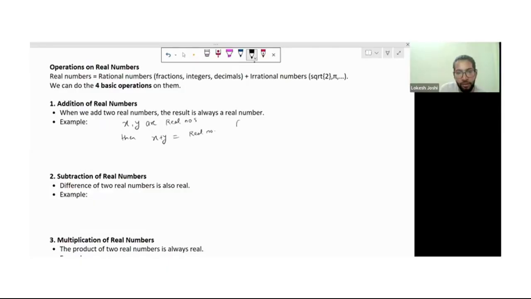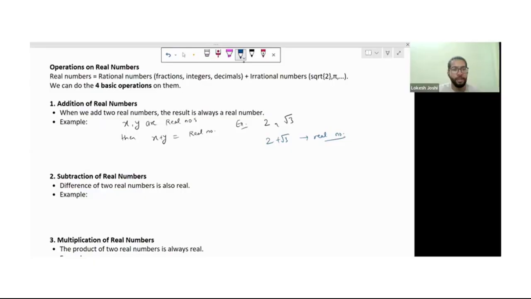For example, we have two real numbers, 2 and under root 3. One is rational and another one is irrational, but they are real, as real is the collection of both. So if I add 2 plus under root 3, then it's a real number also.